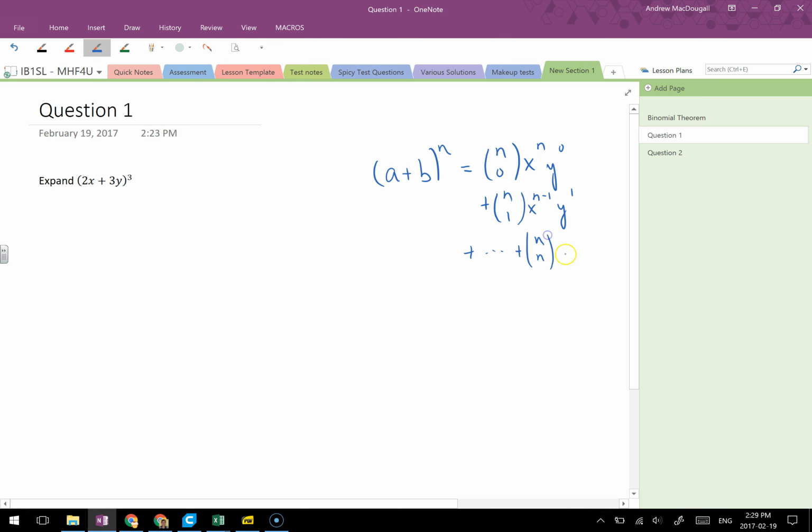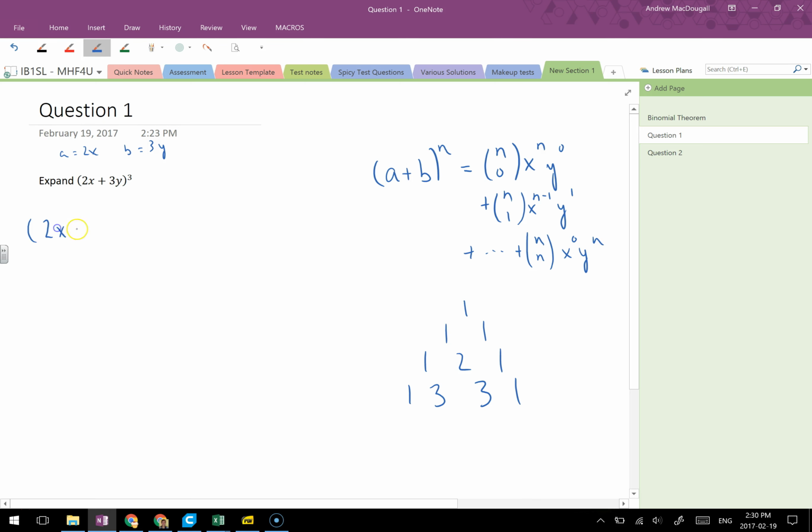And remember these n choose 0, n choose 1, those coefficients are the entries in the nth row, starting at 0, of Pascal's triangle. So we see we're going to have to go up to the third power, so we need to draw the first 3 rows, starting at 0, of Pascal's triangle, which look like this. And for us, a would be 2x and b would be 3y.